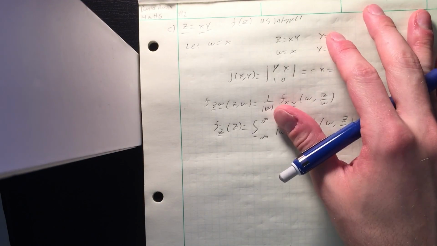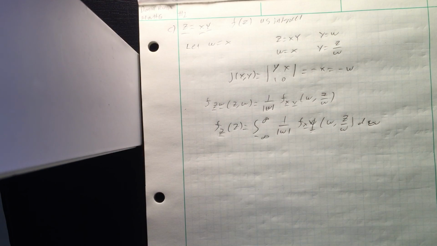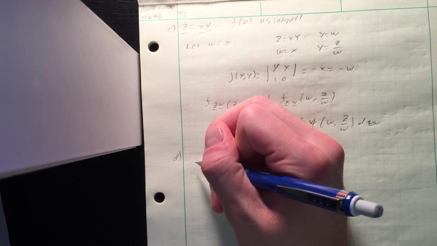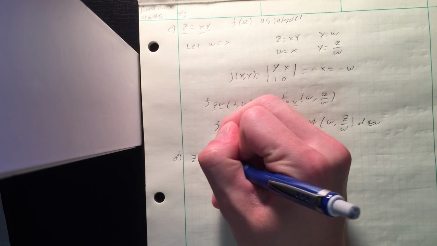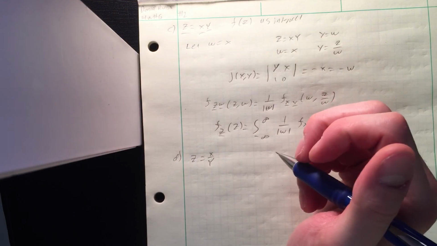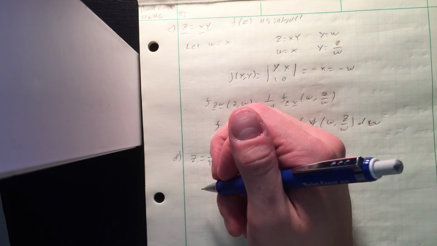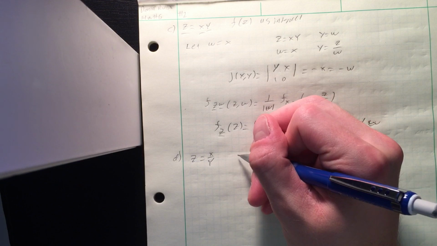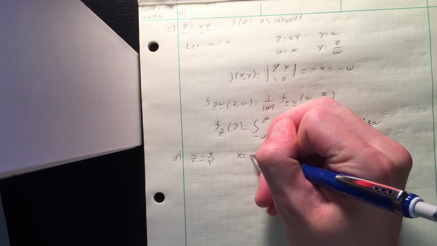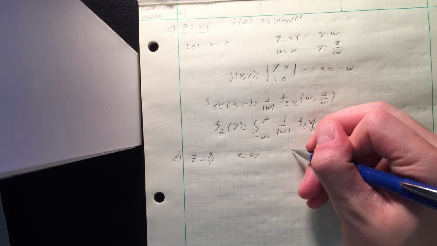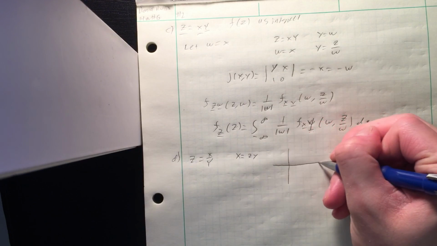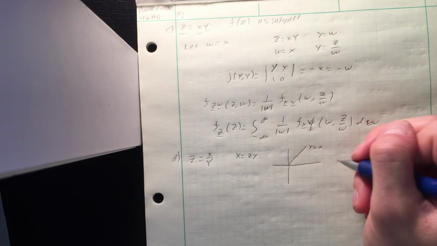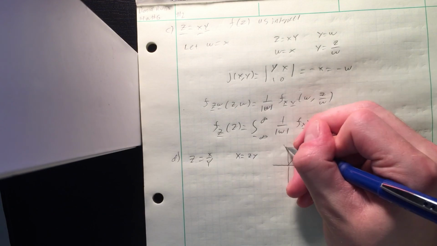They call out to the lecture as helpful in this case. And so for part D, we're given z is equal to x over y. What we can glean from this is x is equal to zy.